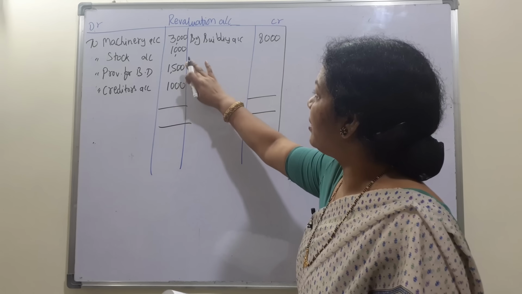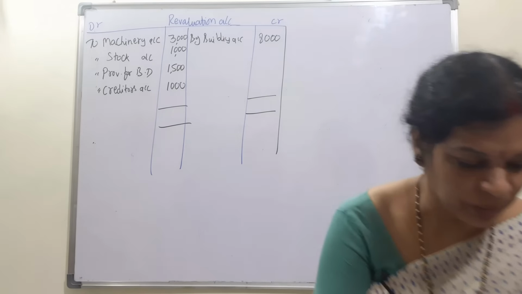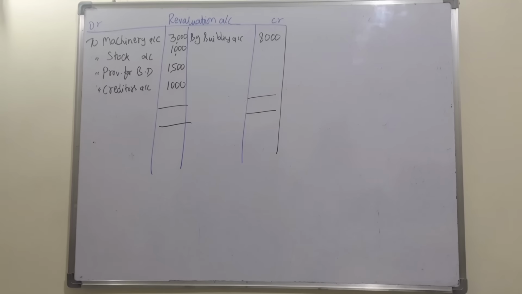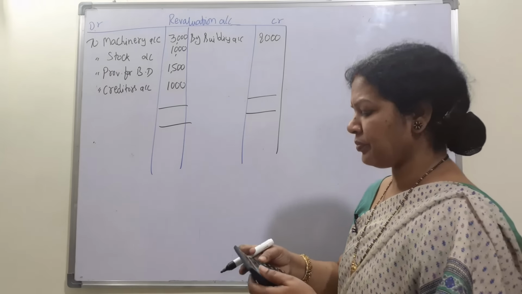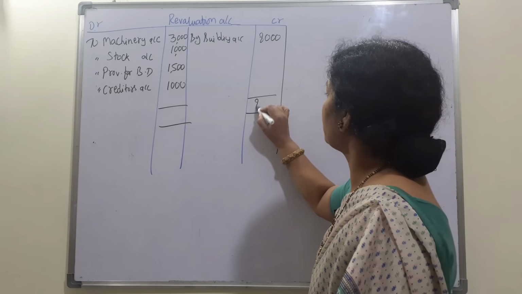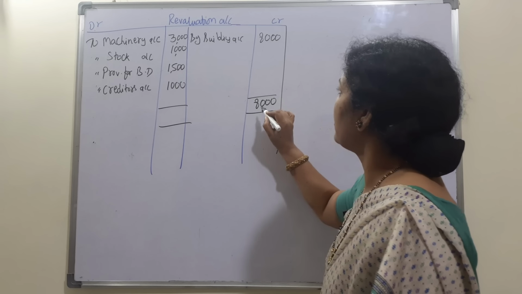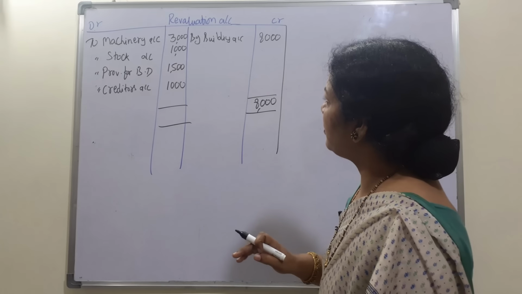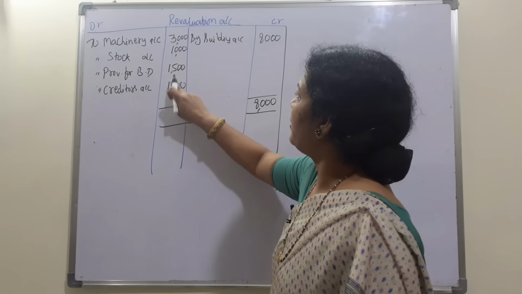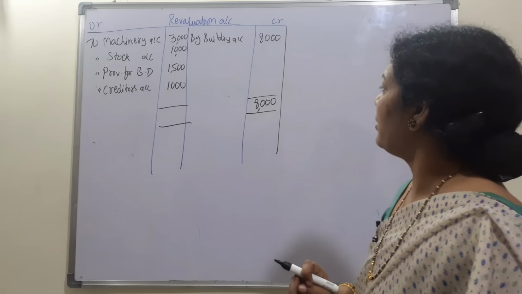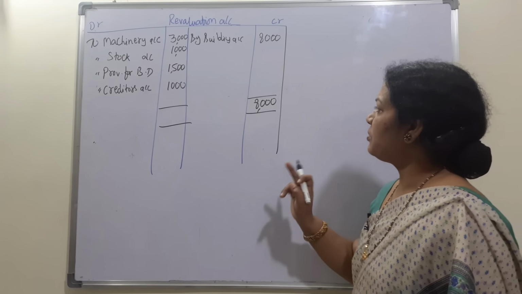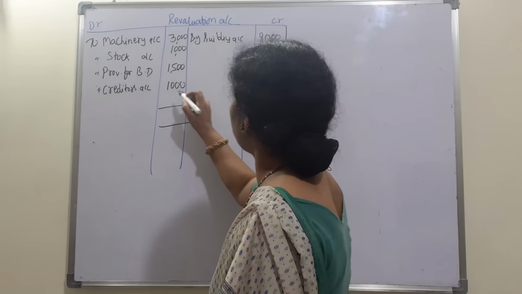8,000 is the bigger side, so let's see how much it comes, using the calculator. 8,000 minus 3,500 and 3,000 means 6,500.